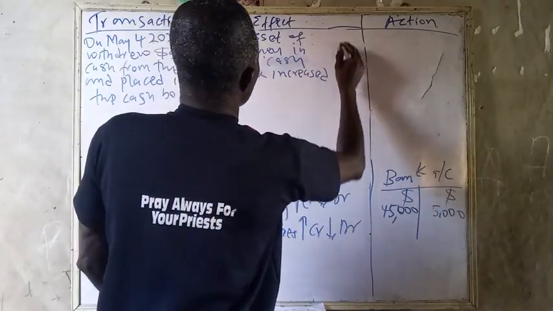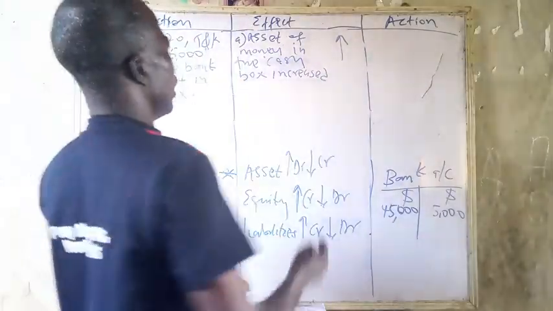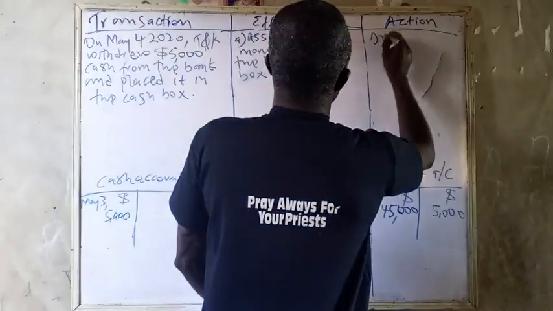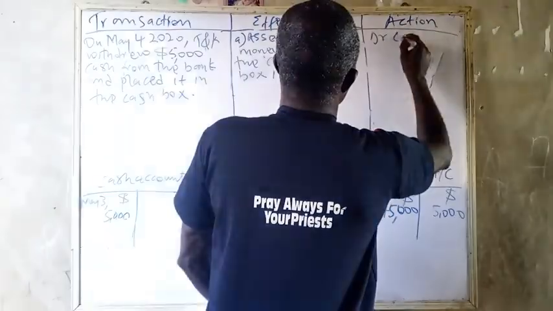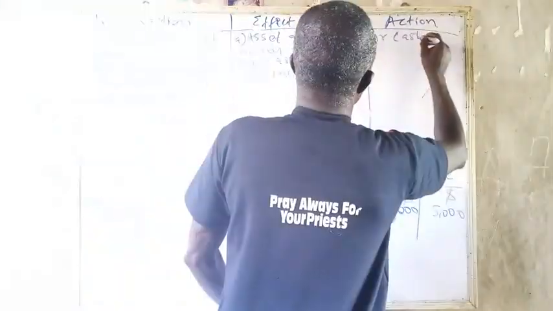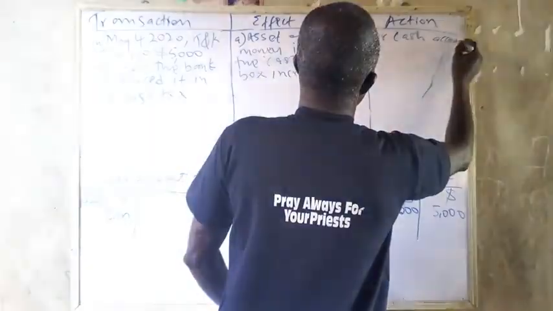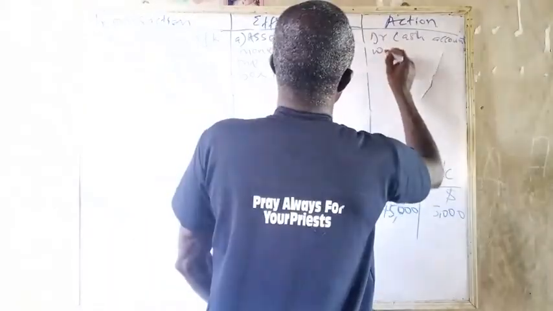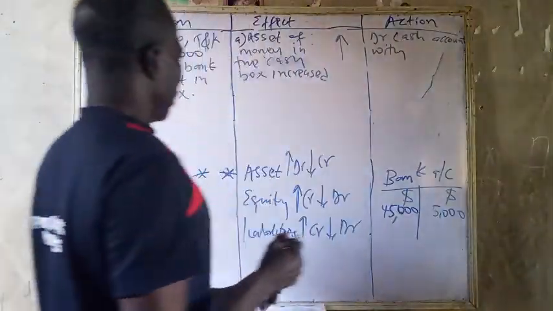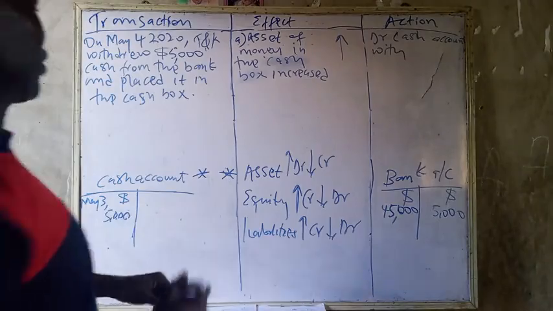And when assets increase, what do you do? You debit. Debit the cash account with the amount, that is $5,000.